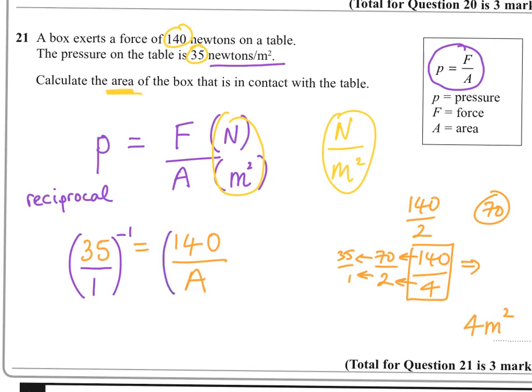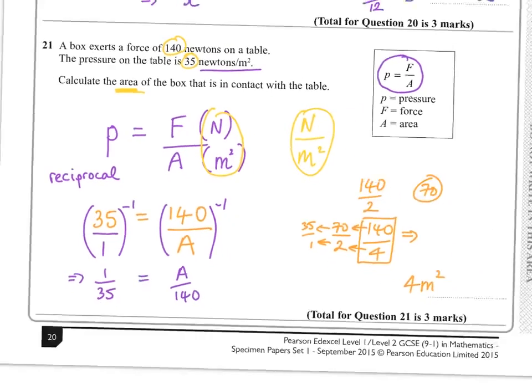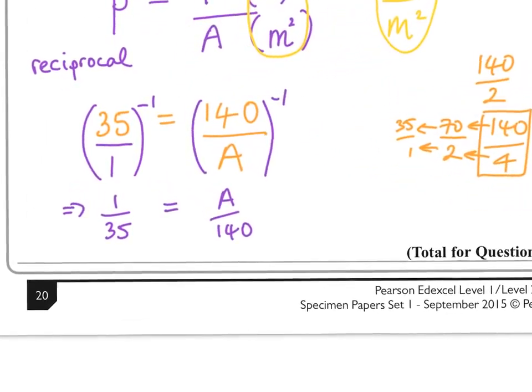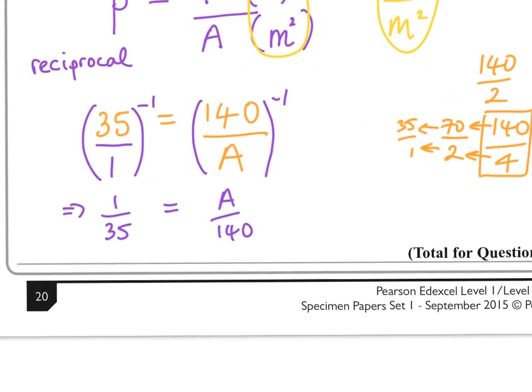And as long as you do exactly the same to this one, i.e. to the power minus 1, then what you'd end up with is 1 divided by 35 is A divided by 140. And then what you could do is, to both sides, you could times both sides by this denominator here of 140, and you would get 140 divided by 35 equals A, and then you would simply get A is 4.